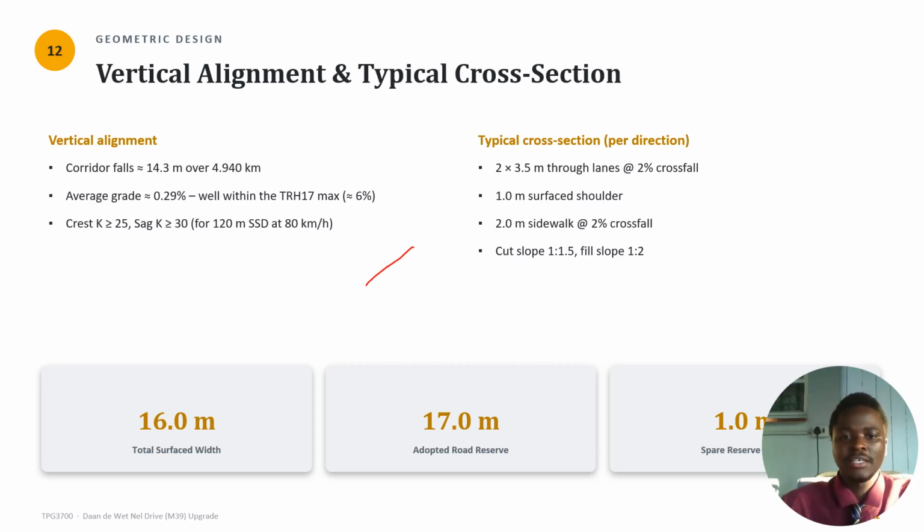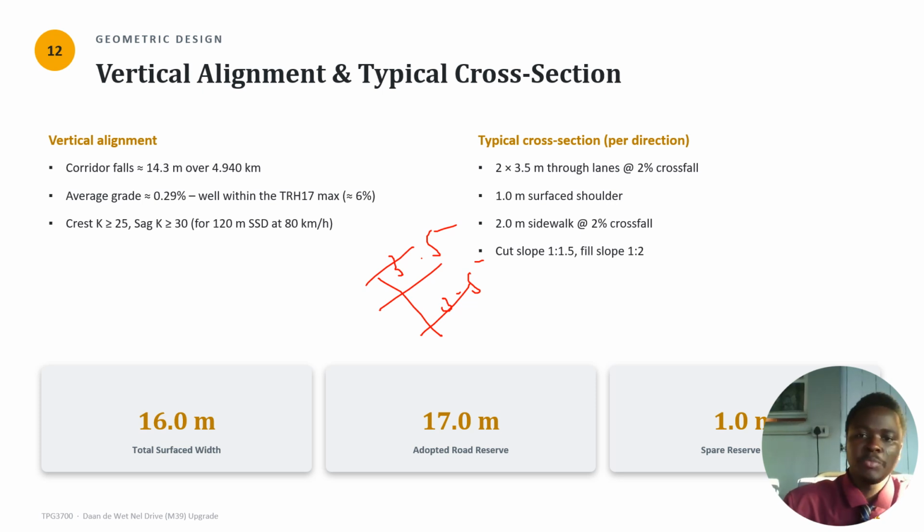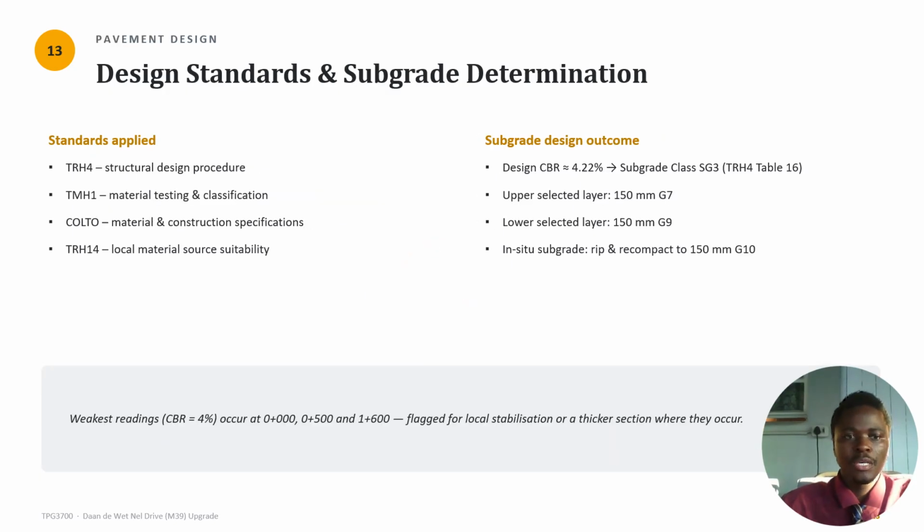So like I said, it's a two carriageway, and each one has 3.5, so it's one for each lane, for each side, because I'm designing a four lane. So the one side has a two carriageway and has a surfaced shoulder of 1 meter, and the sidewalk 2 meters, has a 2% cross fall with a cut slope of 1:1.5 and fill slope of 1:2.